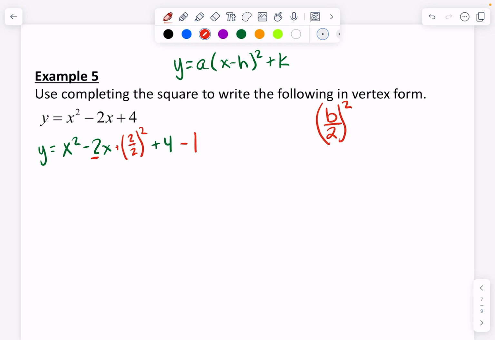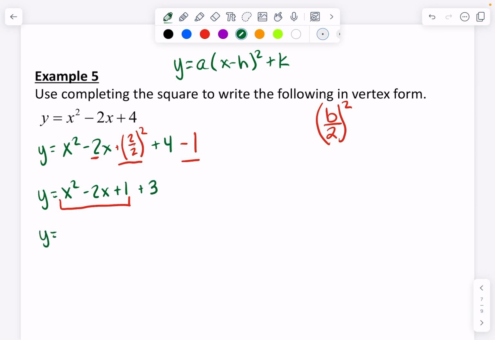It's an equation. It needs to stay equal. That's why I add in here, and I subtract outside. So I have this piece, and then I have plus 3 on the outside.